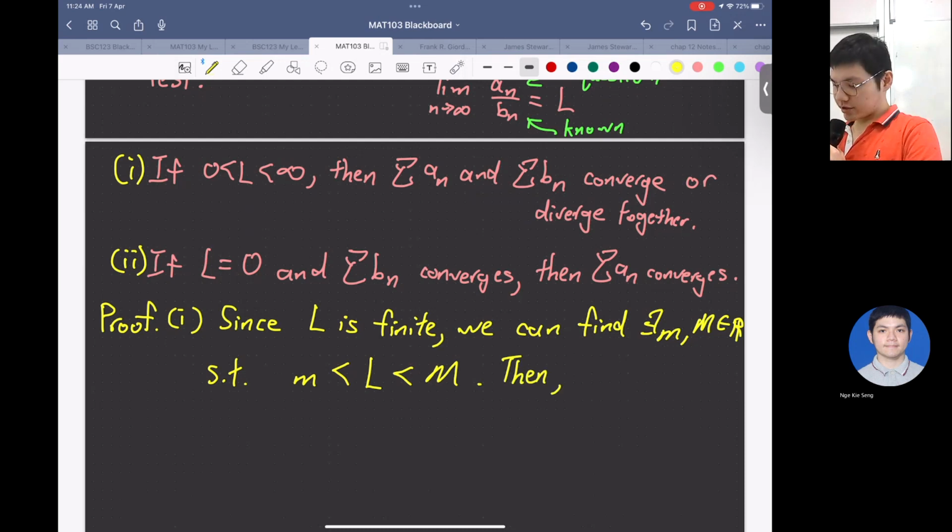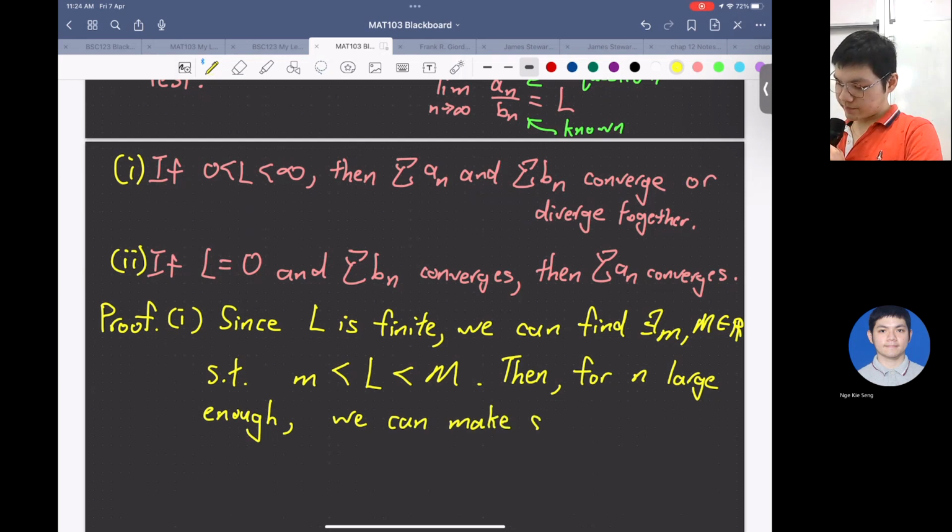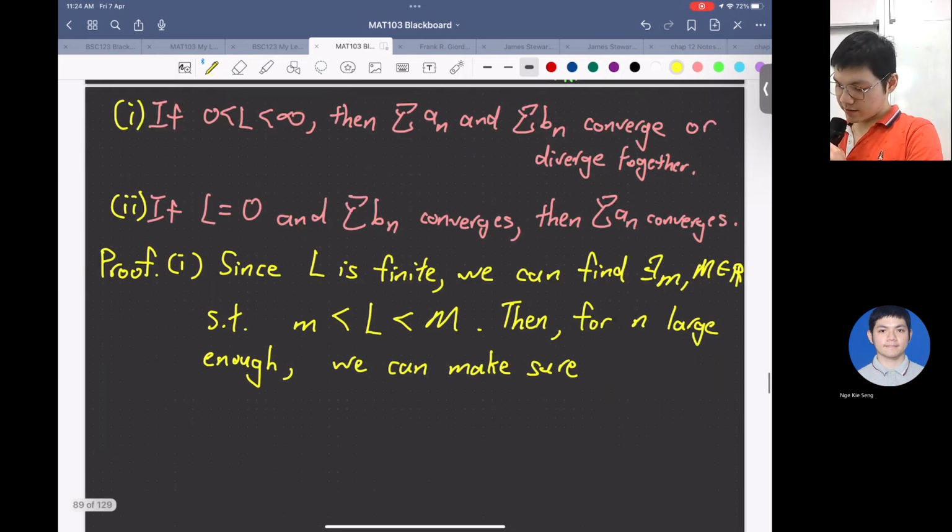But the principle is for n large enough, we can make sure that an over bn is less than capital M and greater than small m.